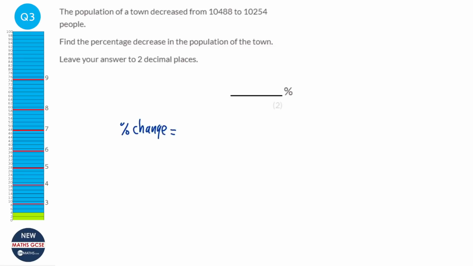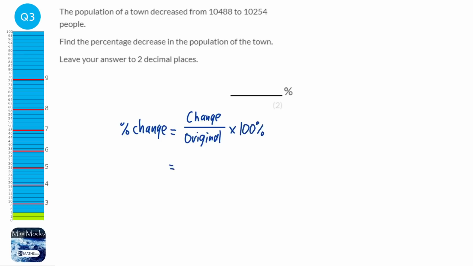There's a formula we use for this, and it is percentage change is equal to the amount that's changed over the original amount, and all of that times 100%. So how much has changed here? Well, we need to do 10,488 take away 10,254, so that would be 234.